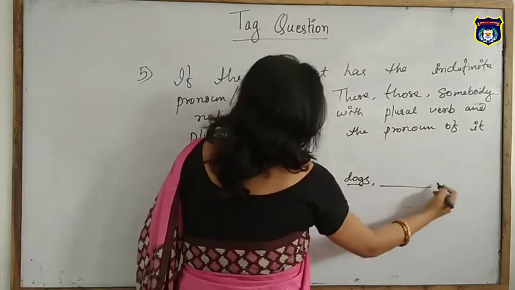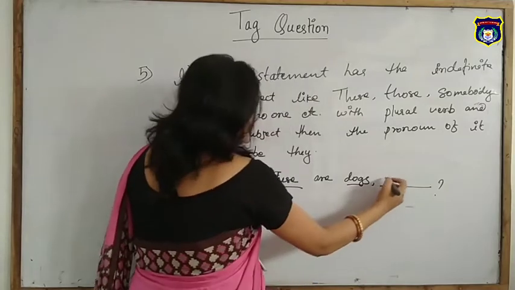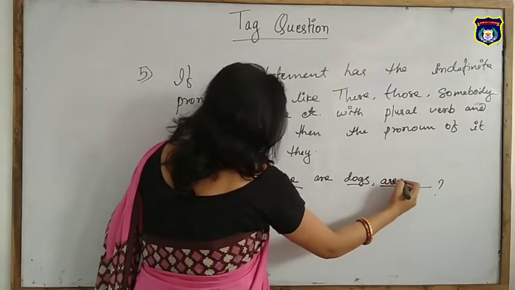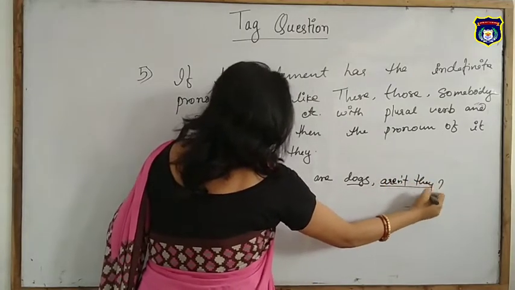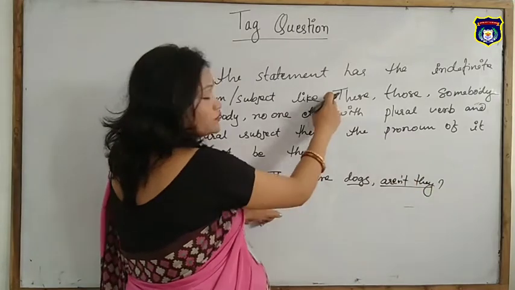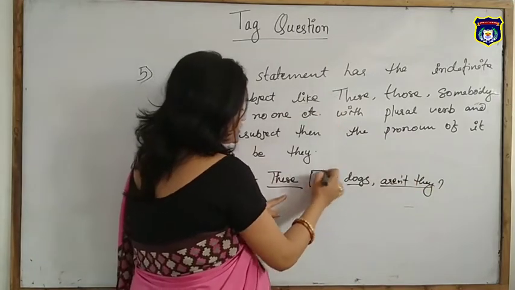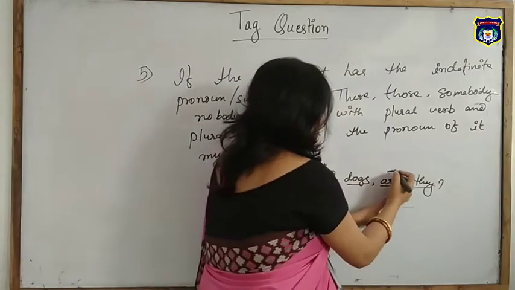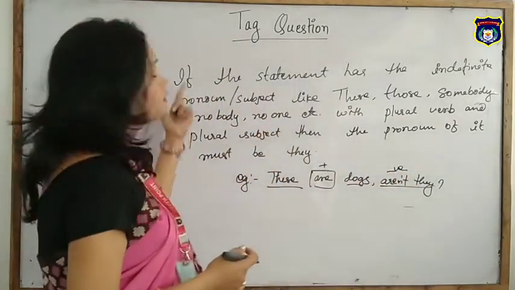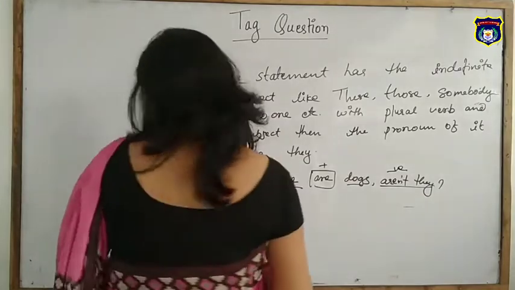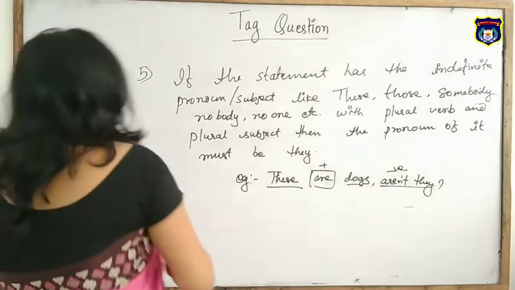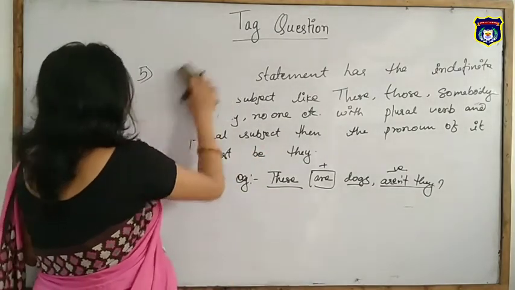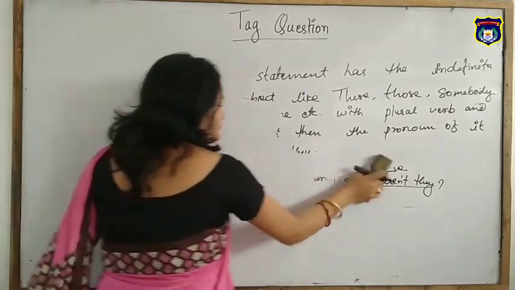So, the tag of it must be aren't they. They according to the rule. Since it is positive, the tag of it must be negative. Quite clear, quite easy enough to learn. So let's move on to the next rule.